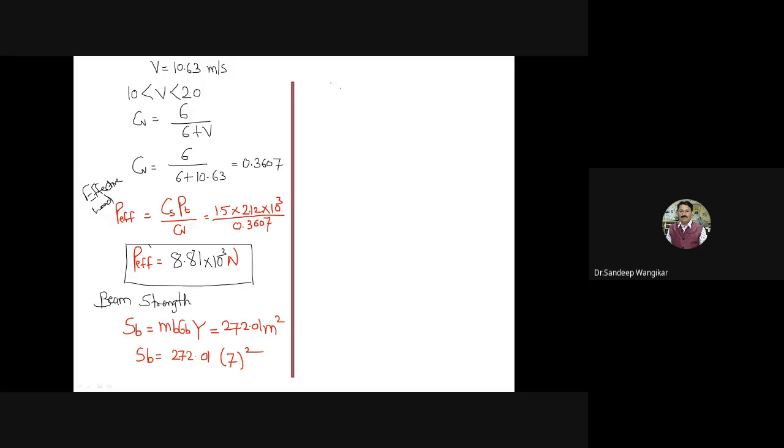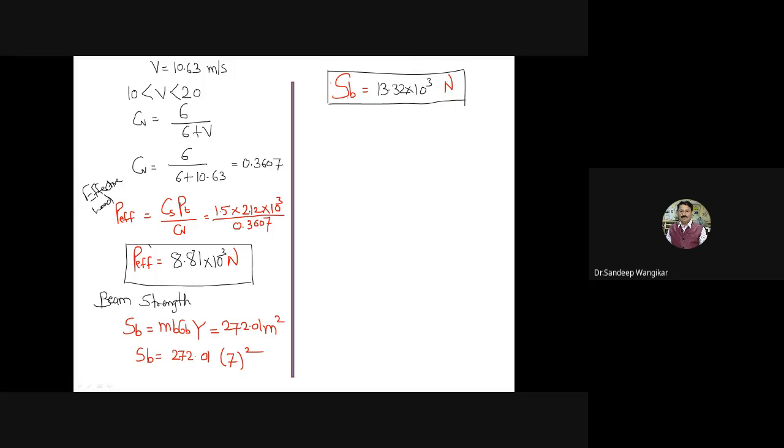So I will write down the answer for beam strength. SB is equal to, in Newton, 272.01 into 7 square. What will you get as answer? 13.328 kilonewton, 13.32. Okay, so I will take answer 13.32 into 10 raised to 3 Newton.